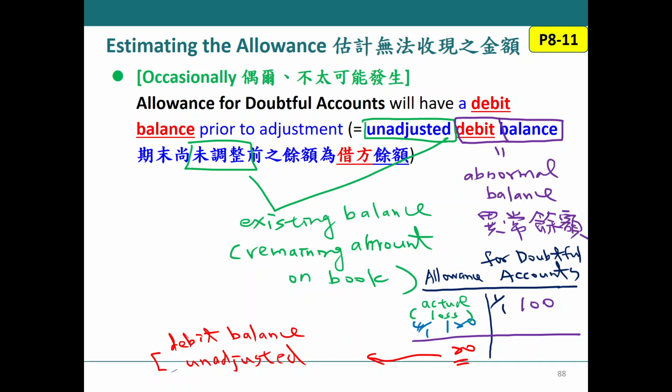Actual loss higher than your expectation. So that $20 means actual loss 120 is higher than your expectation, which is 100. Okay?